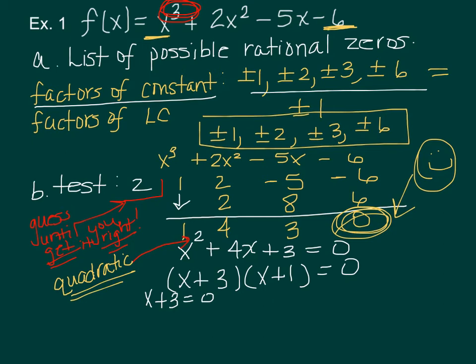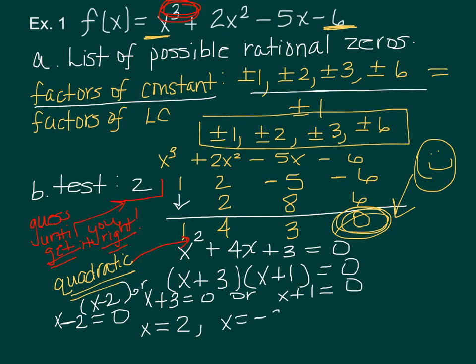The one that actually worked was 2, so that'll be x minus 2 equals 0. x plus 3 equals 0, or x plus 1 equals 0. So your zeros would be x equals 2, which was the one that worked in synthetic, x equals -3, or x equals -1. So your solutions are 2, -3, -1.